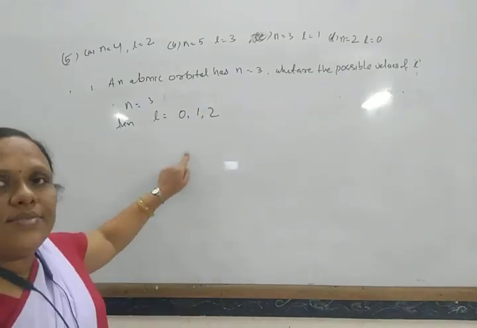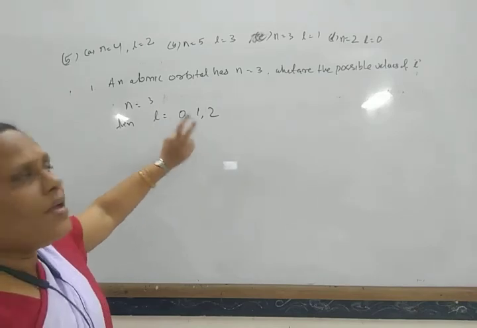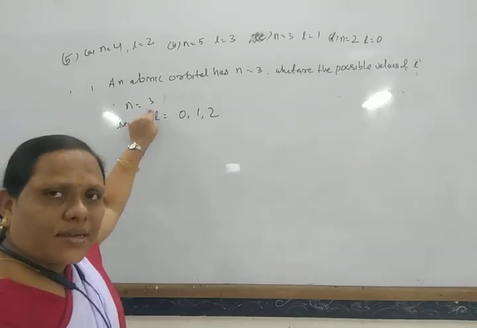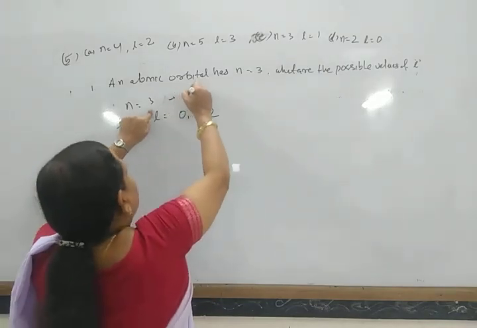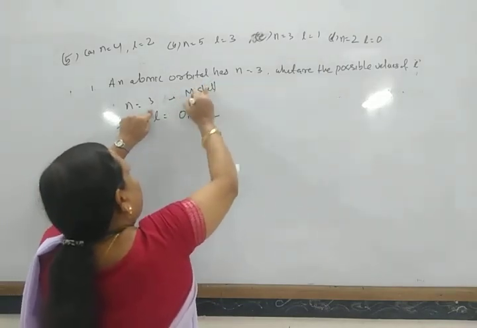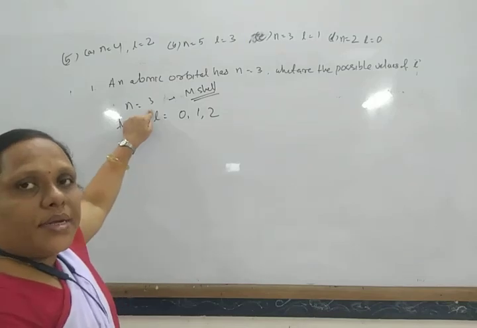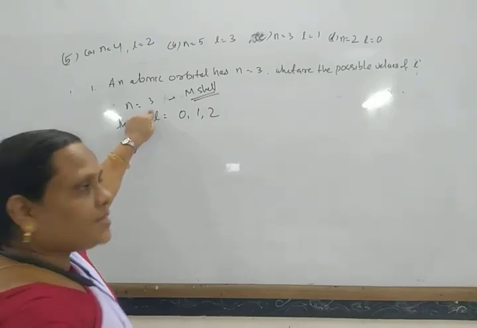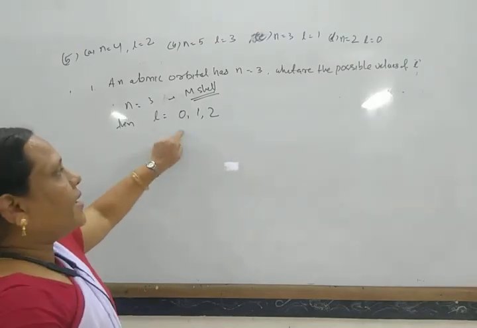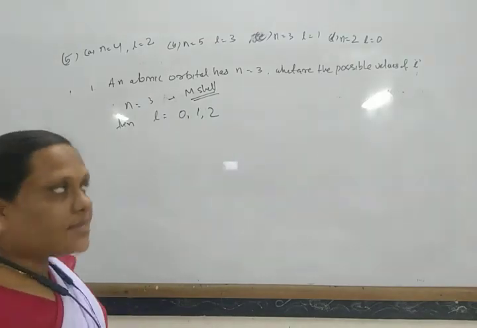It has 3 values, 0, 1, 2. That means n equal to 3 is your M cell, and the M cell contains 3 subcells: s, p and d subcells.